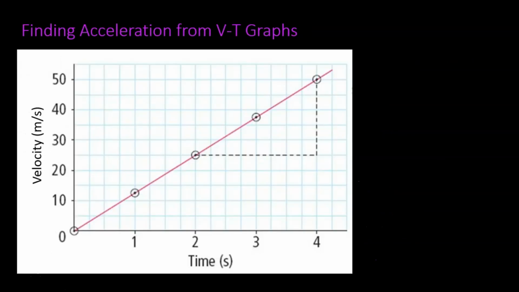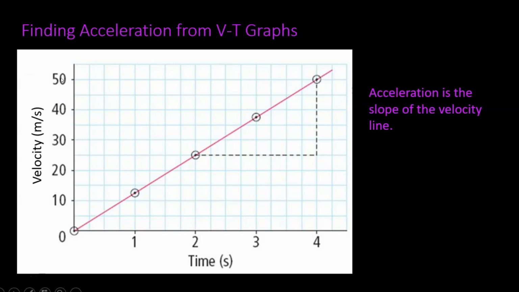Let's take a look at finding acceleration from a velocity time graph. Acceleration is the slope of the velocity line, and let's talk a little bit about that. Acceleration is the rate at which velocity changes. That's the definition. Well, a slope always measures the rate at which our line changes.